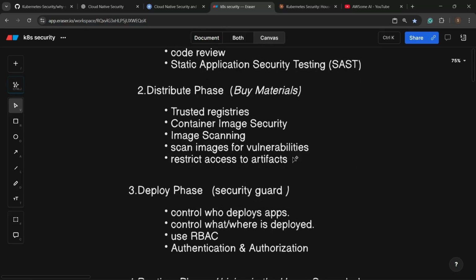You can also use Docker Hub, but make sure you keep your images private so that they are only accessible to people in your organization. So this is the distribute phase, which means you should always use secured and the best material for your house, that is your Kubernetes cluster.